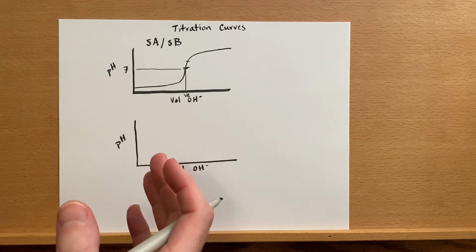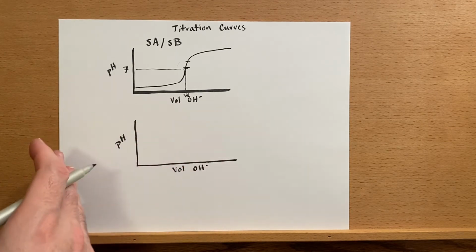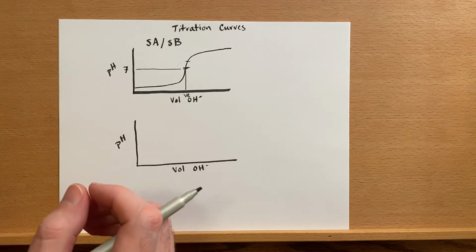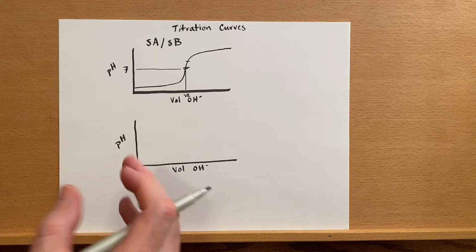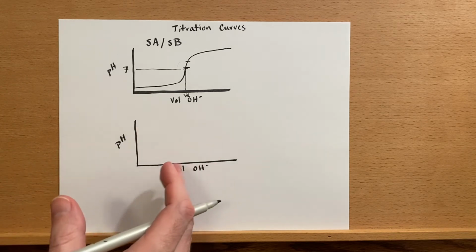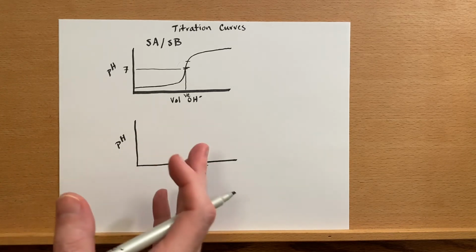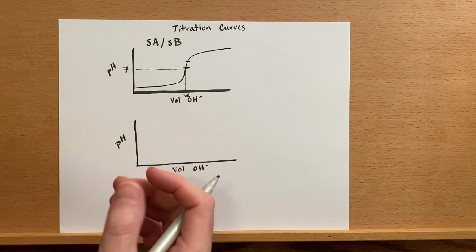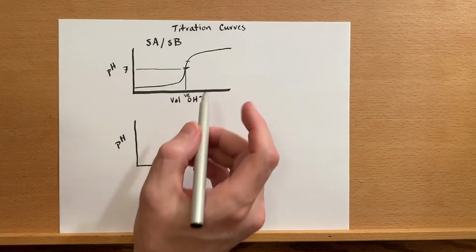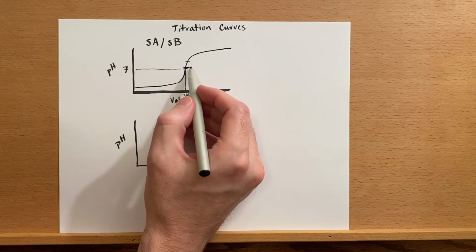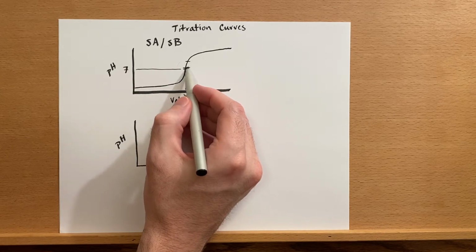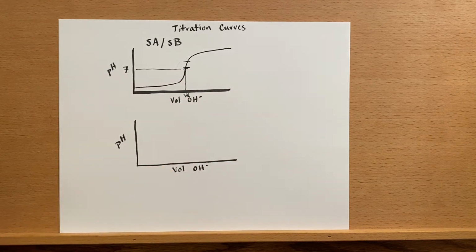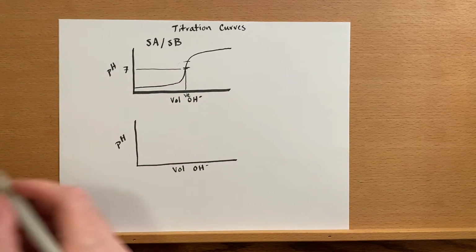Some indicators change from yellow to red, and that change is not quite as dramatic as changing from clear to some colored solution. So there are some advantages to using phenolphthalein as an indicator. But the fact that it changes in this range right here is very important for its use.